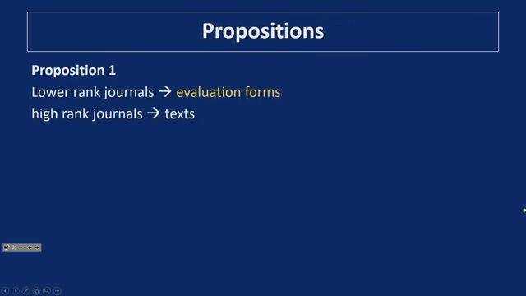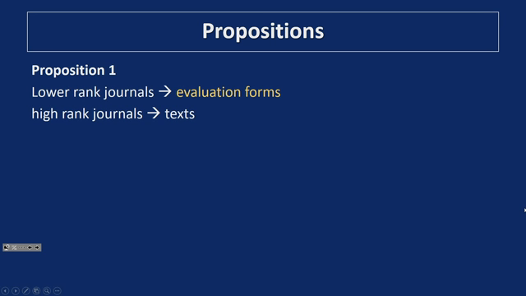So we can design some propositions, some expectations about the results, the shape of the reviewer guidelines adopted by journals. Well, first of all, we expect that in lower-ranked journals it is more common to use forms instead of text, and vice versa for high-ranked journals.